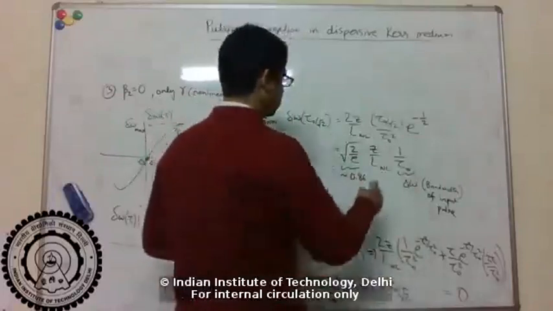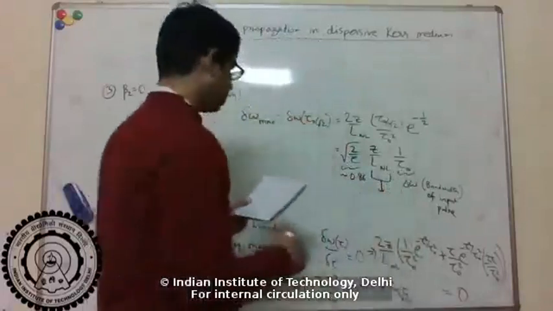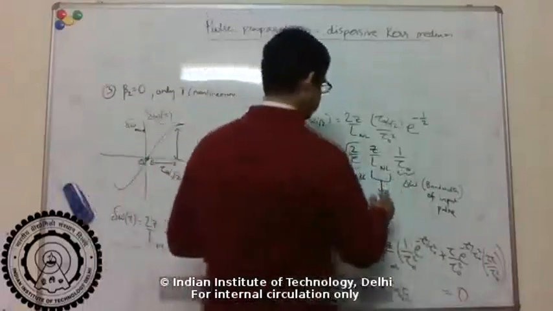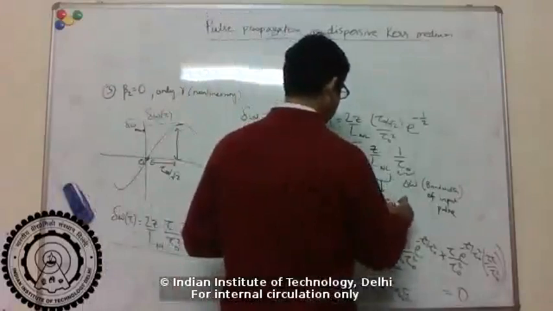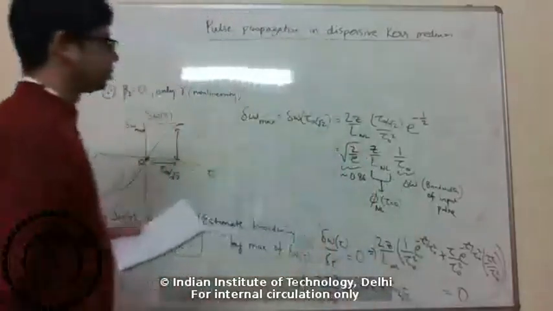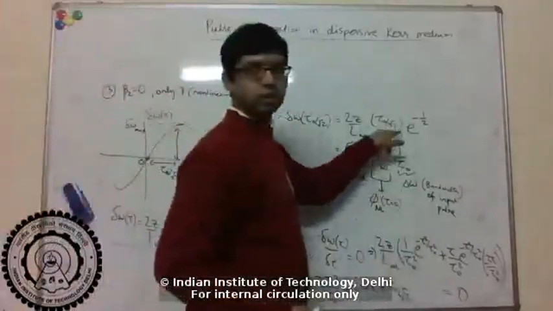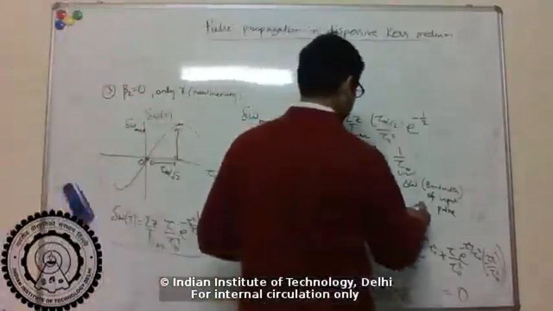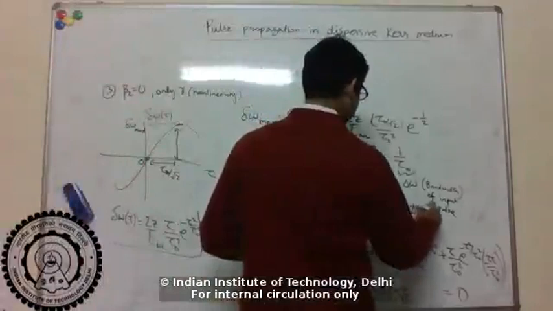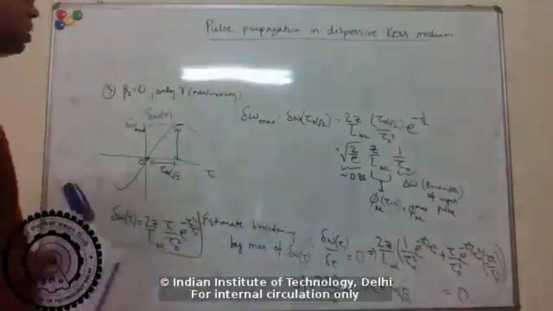And this Z over NL is basically the nonlinear phase shift at tau equal to 0. The nonlinear phase shift went as Z over NL e to the minus t square by tau square. So this is the peak nonlinear shift, which is occurring at the center of the pulse.